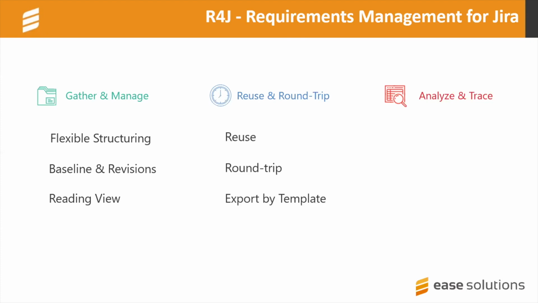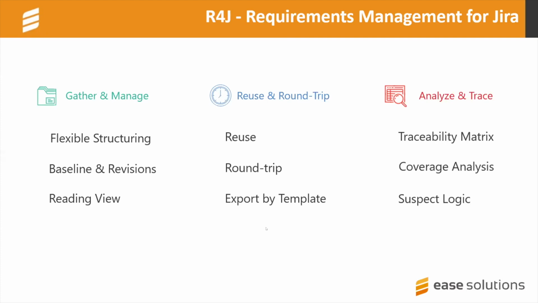Additionally, it comes with a reuse concept to copy structures, together with round-trip functionality using Excel import and export. And then we have ways to export your content, not only by the standard Jira export feature, but also with a template-based Word and Excel solution.